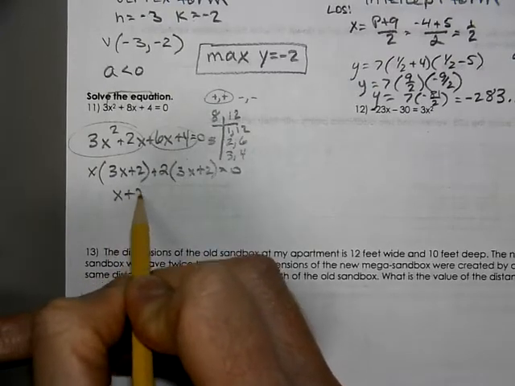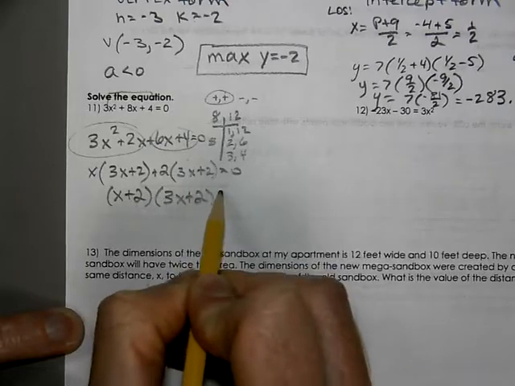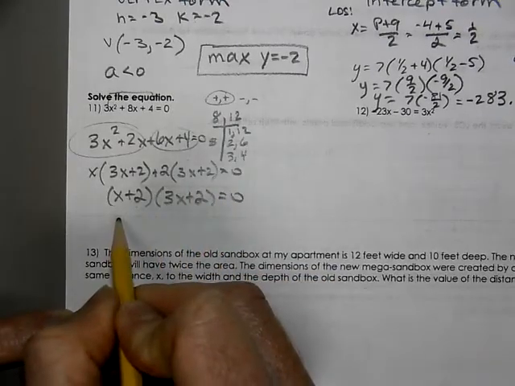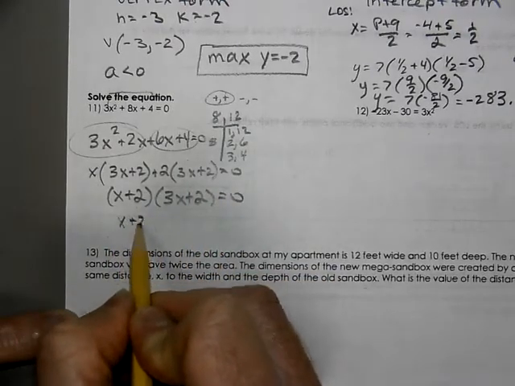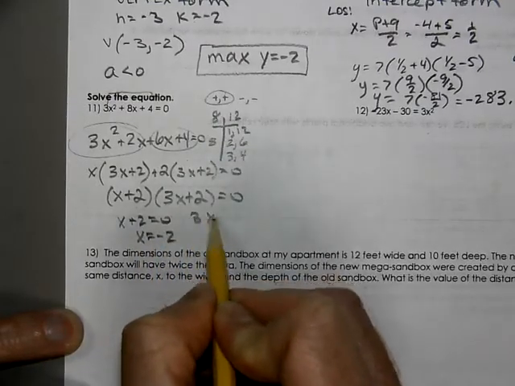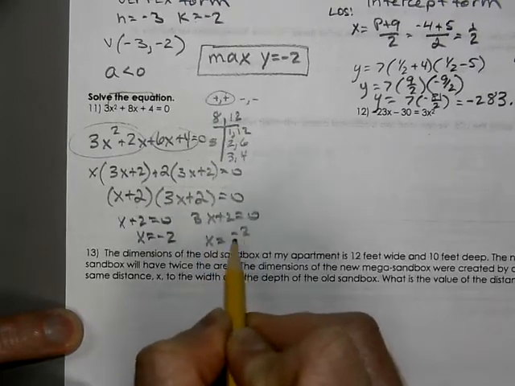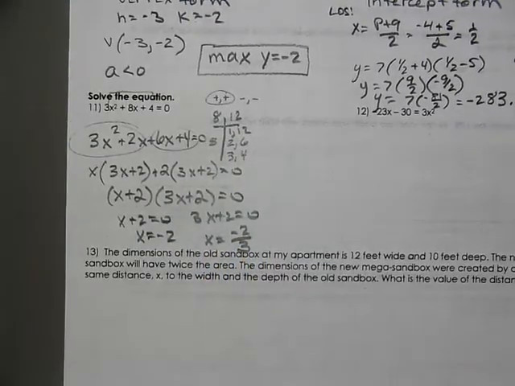So we get x plus 2, 3x plus 2. So this is going to come out to be x plus 2 equals 0, so x equals -2. 3x plus 2 equals 0. Subtract the x, divide by 3. We get -2/3.